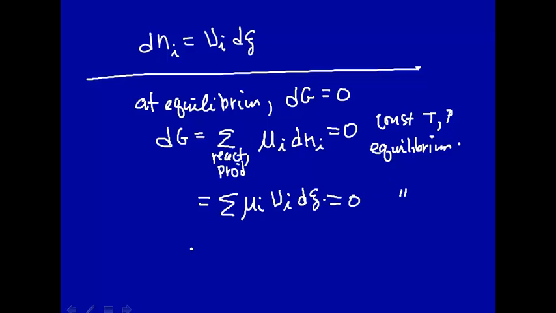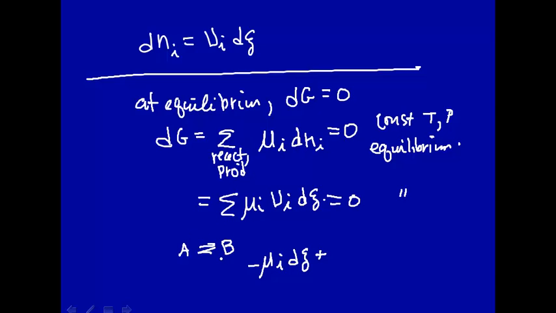Now let's consider just a simple chemical reaction, A in equilibrium with B. Let's write this equation down for those. The stoichiometric coefficient here will be minus 1, so this will be minus mu sub A d xi. This is a sum over the reactants and products. We have one reactant, we did that one.